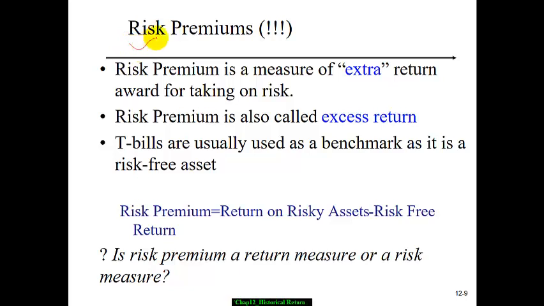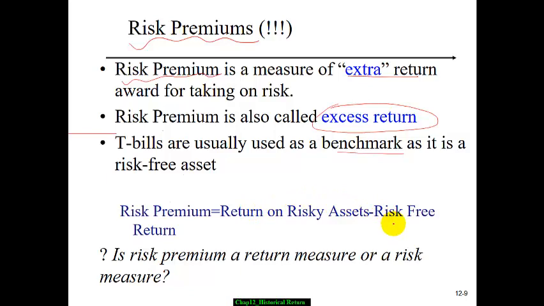That's why there's a measure called risk premium. It's very, very useful and widely used in practice. So what is risk premium? Basically, compared to a safe benchmark like the risk-free rate, how much additional return or excess return are you getting for the additional risk you are taking. That's why risk premium also has another name, excess returns. So how do we find the risk premium? Simple.